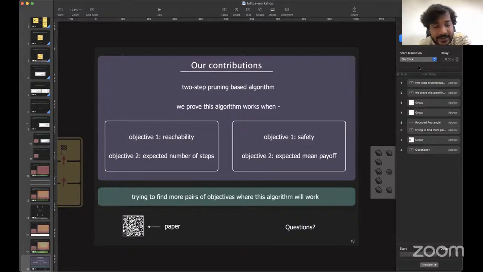Yes, perfect. Sorry. So I was asking, you were talking about this two-step process. So, for example, this reachability followed by this expected number of steps.